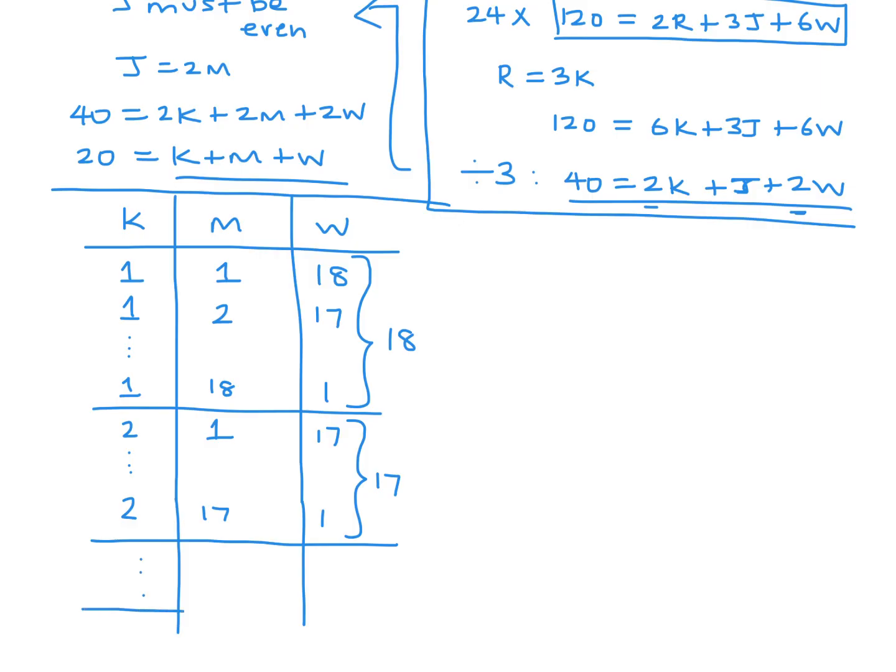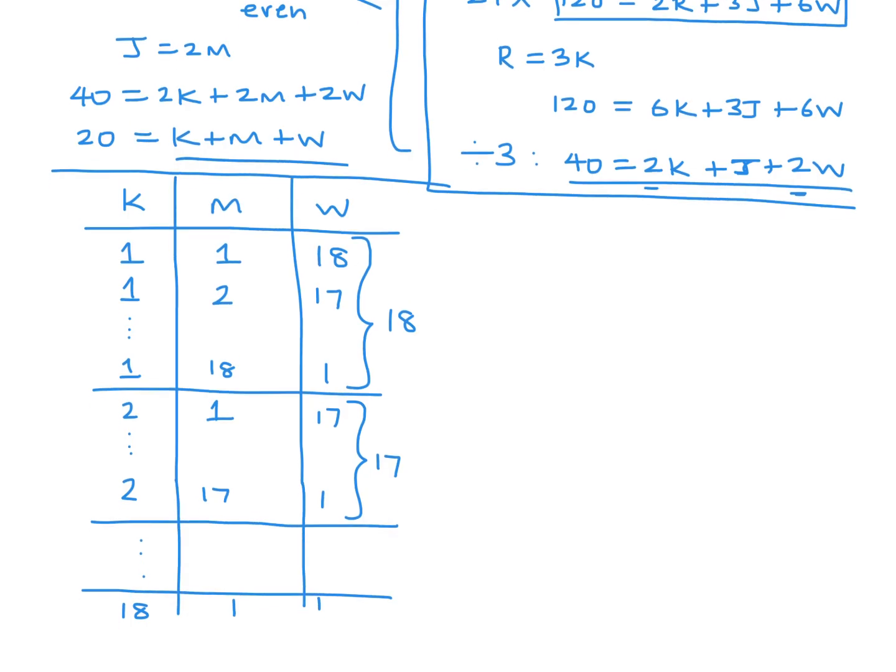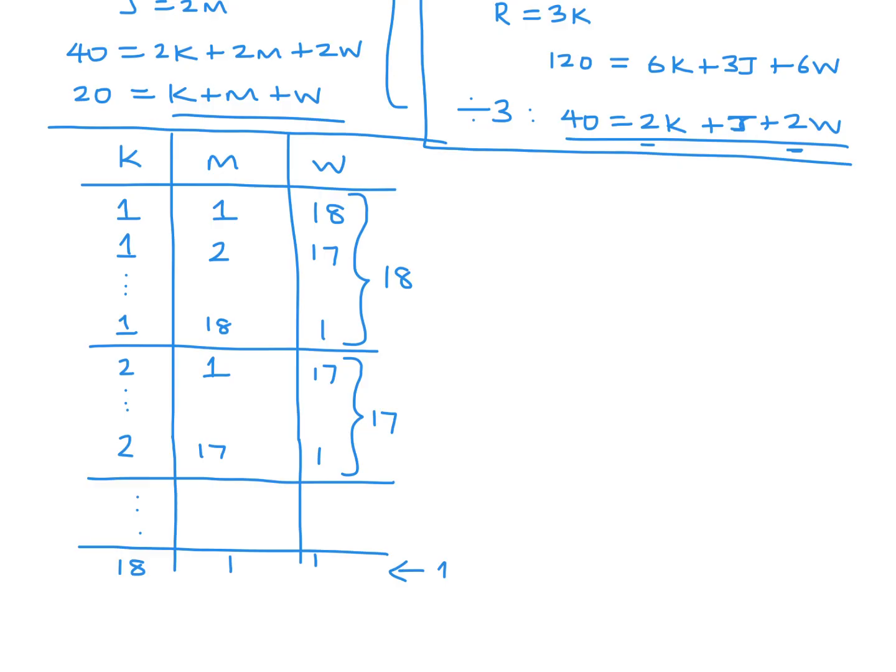Eventually, when you get down to K is 18, you'd only get one solution. You see what I'm saying? So when K is 1, it would be 18. When K is 2, it would be 17. When K is 3, there'd be 16 solutions, and so on down. When it's 18, there'll be only one solution.